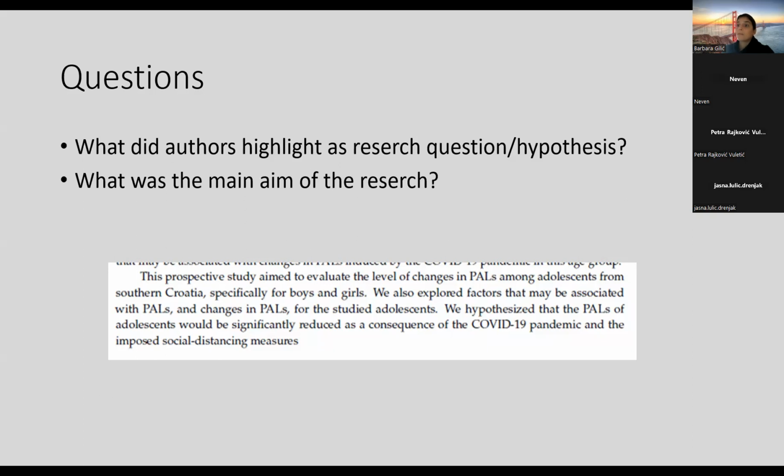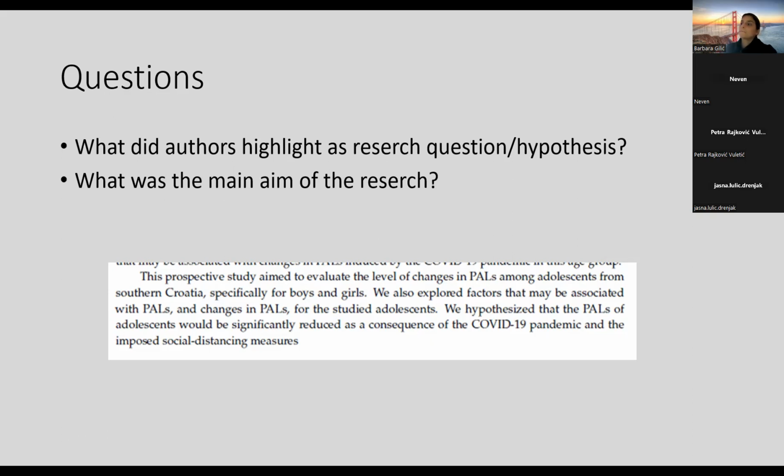I will just read it. This prospective study aimed to evaluate the level of changes in physical activity levels among adolescents from southern Croatia, specifically for boys and girls. We also explored factors that may be associated with physical activity levels and changes in physical activity levels. So what are the research questions or hypotheses?